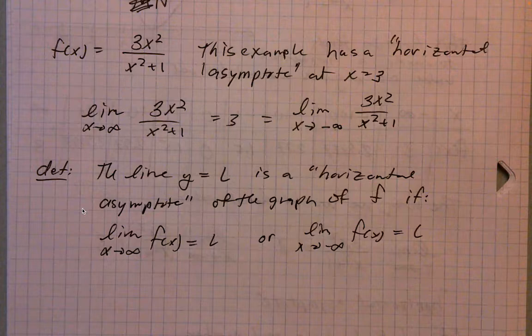So one or the other, or in the case of our example, both. So maybe you could say and/or. Okay, so that's the definition of the horizontal asymptote.